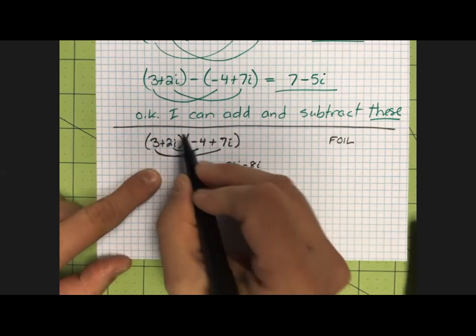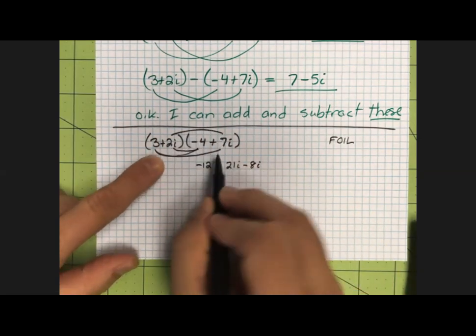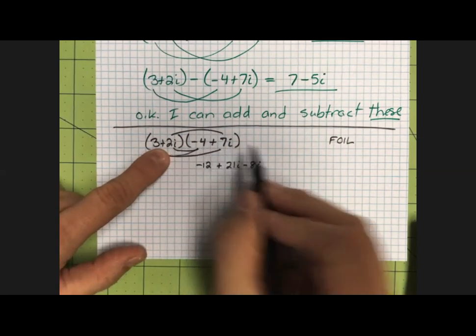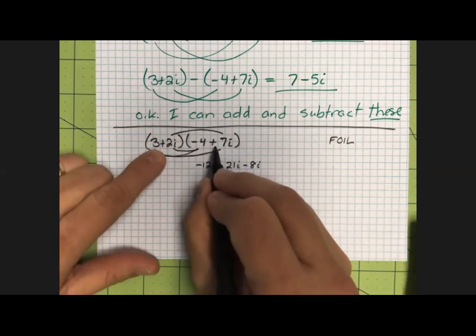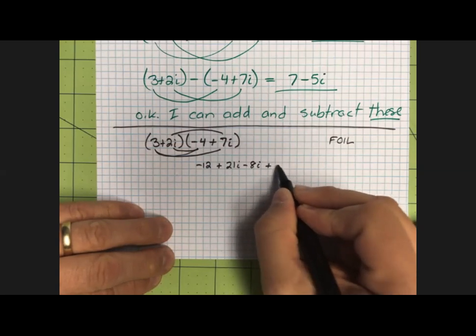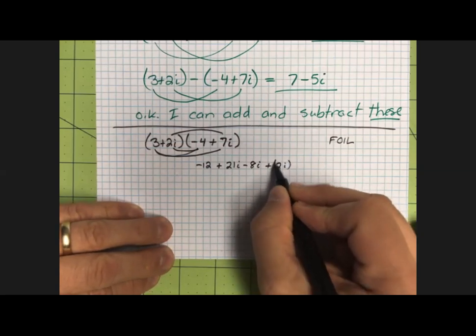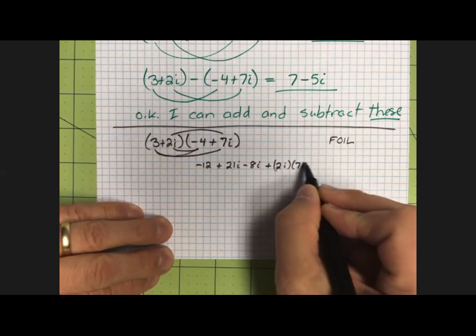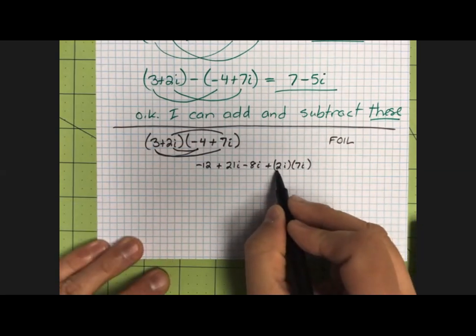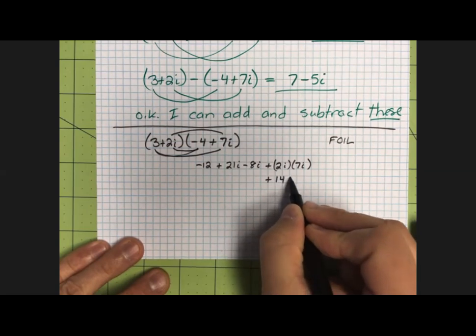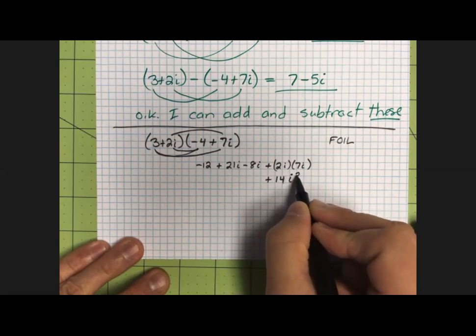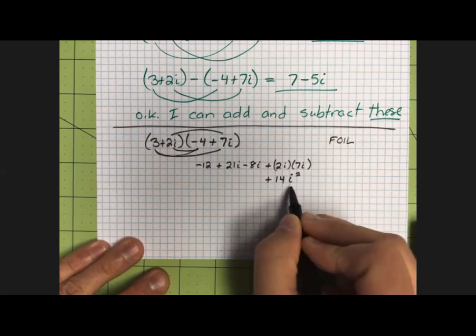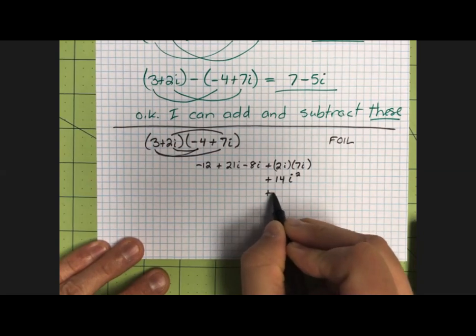Now, last times last, be careful. 2i times 7i, they're both positive. Okay, so positive 2i times 7i. Now you have to do some extra work. 2 times 7 is 14. But what's i times i? i squared is minus 1.